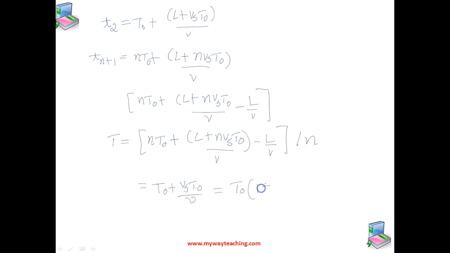If you take t0 common, this equation, we'll call it A.